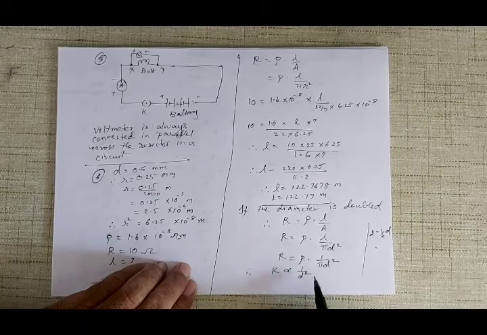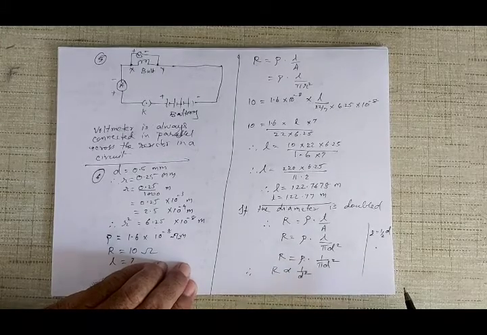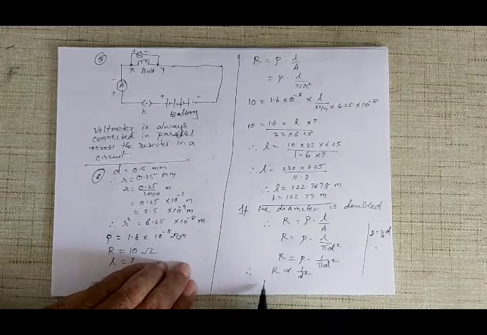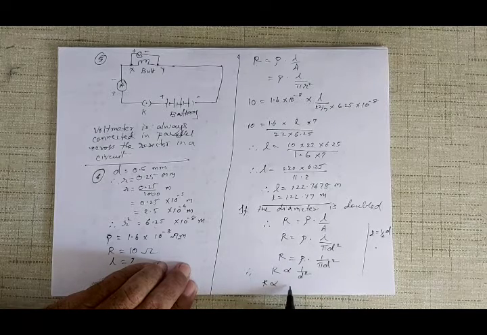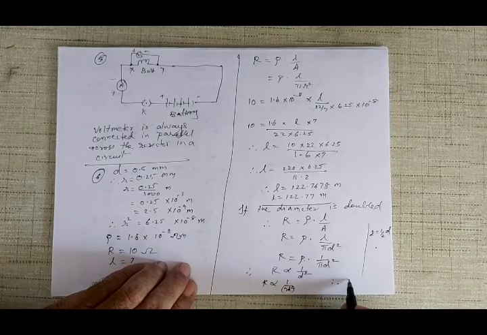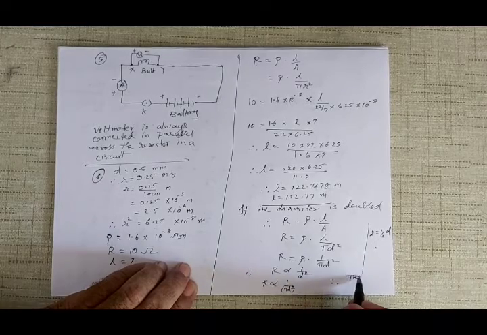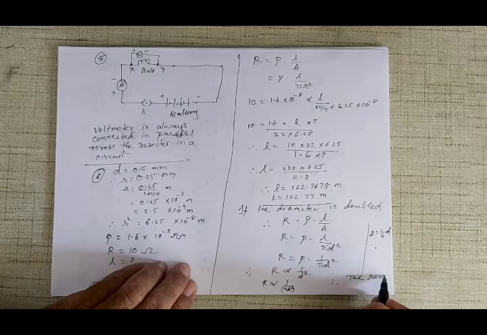So अगर diameter को double कर देता तो 2 का square क्या होगा 4. So 1 upon d square, it will decrease, how many times, 1/4. तो 1 upon 4 हो जाएगा if it is doubled. So therefore you can say the resistance will become 1/4.